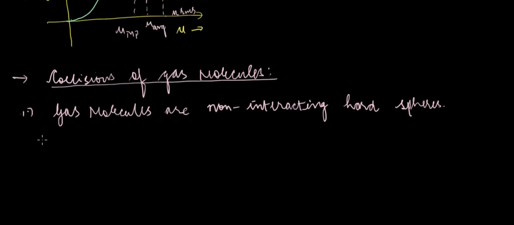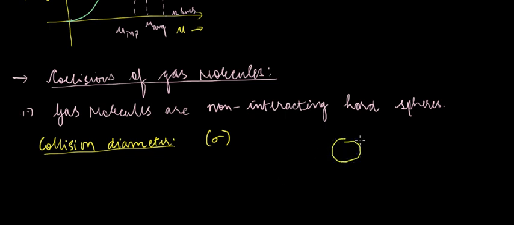Let us first define what is a collision diameter, or sigma we can write it. So sigma is nothing but whenever two gas molecules come nearer to each other or collide with each other, the distance between their radii is nothing but sigma.